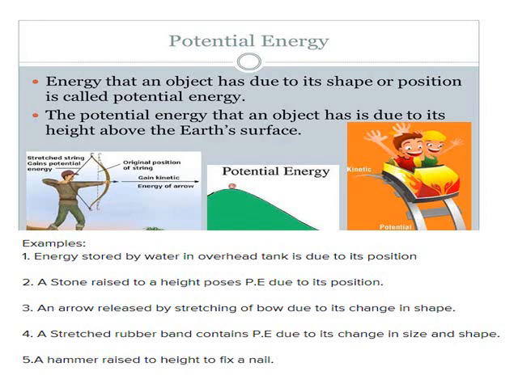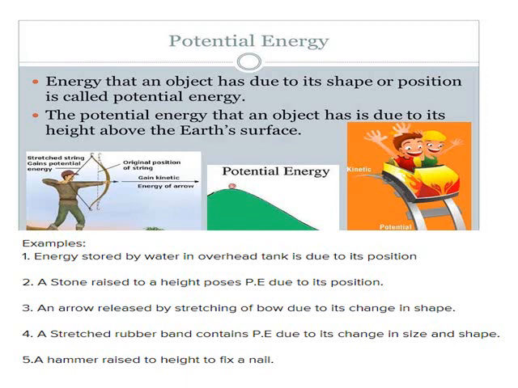So this arrow will be in his hand as long as he holds it. The arrow in his hand possesses potential energy because the bow is stretched. Then the next diagram is a ball on the top of a cliff.